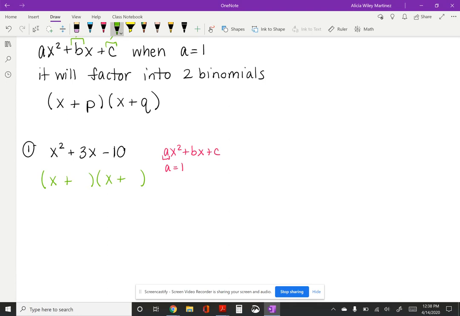Okay, so the next thing that you're going to do is you're going to recognize your b and your c. So my value of b is positive 3, and my value of c is negative 10.